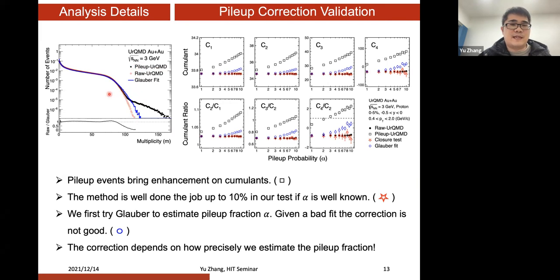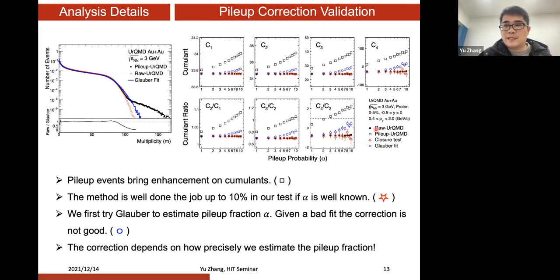Then we try to apply this method. On the right-hand side is the application of the pileup correction method on cumulants. The cumulants are shown for C1 to C4 and the ratios up to fourth order. The x-axis is the pileup probability or pileup fraction, alpha, and the y-axis is the cumulants and ratios.